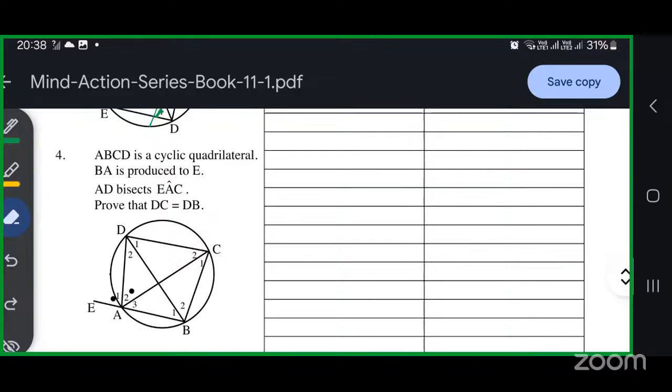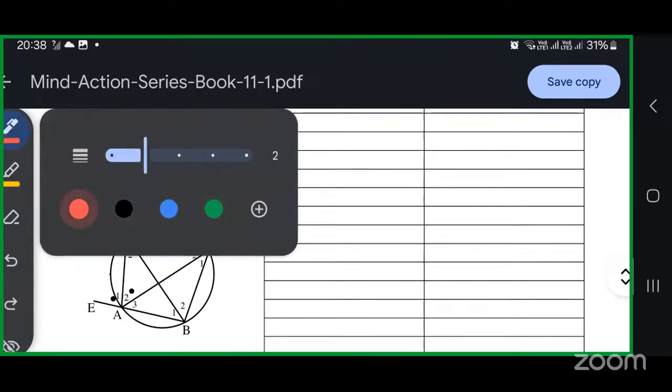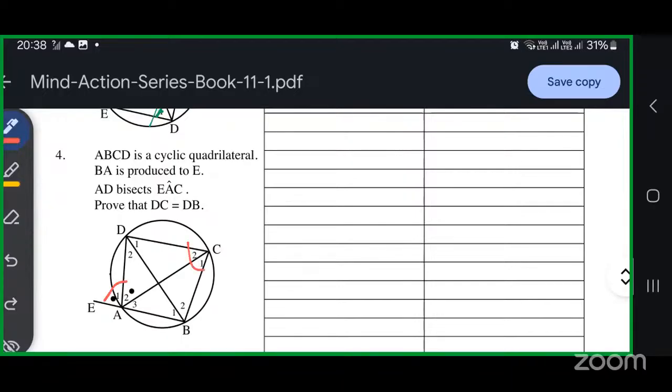We can see that angle D2 is equal to angle A1. And in this cyclic quadrilateral ABCD, we can see that this angle here is equal to that angle. Reason being exterior angle of a cyclic quad is equal to interior opposite angle.